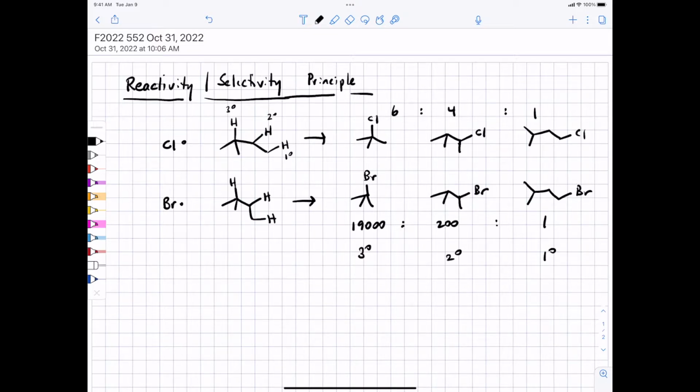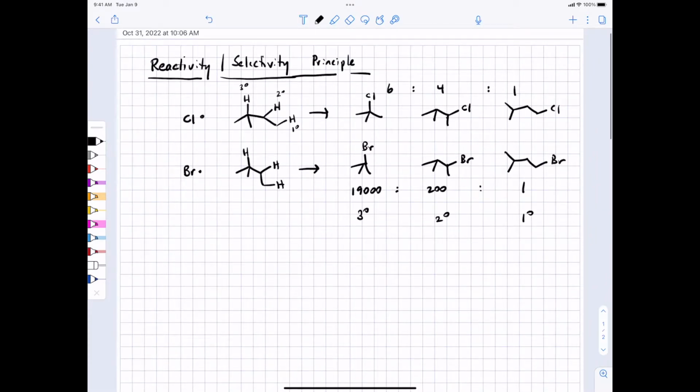And what's the rationale for this? Well, one of the intermediates along the pathway is a carbon-centered radical. So you've got this tertiary radical that leads to these products, this secondary radical that leads to these products, and then a primary radical that leads to the product shown above.